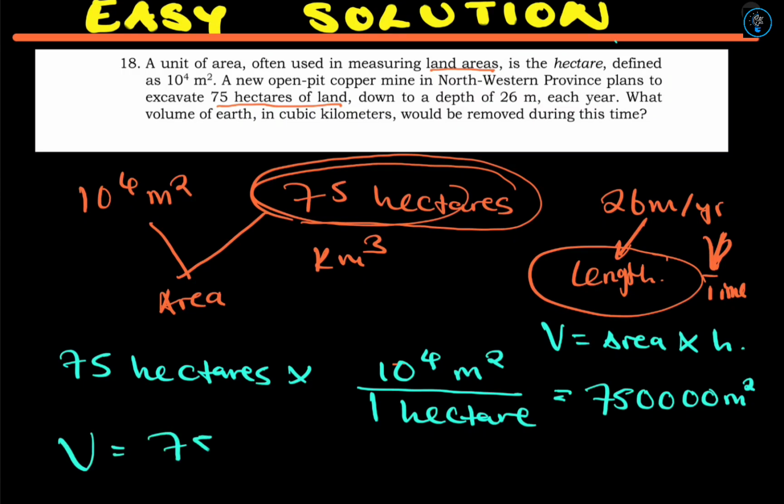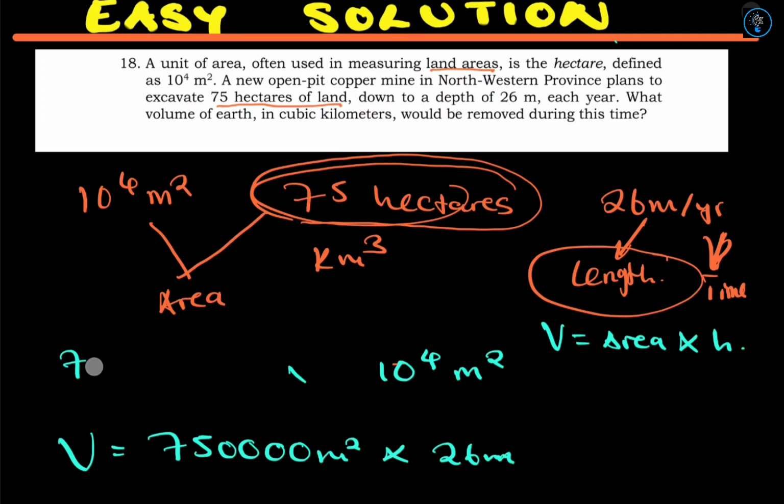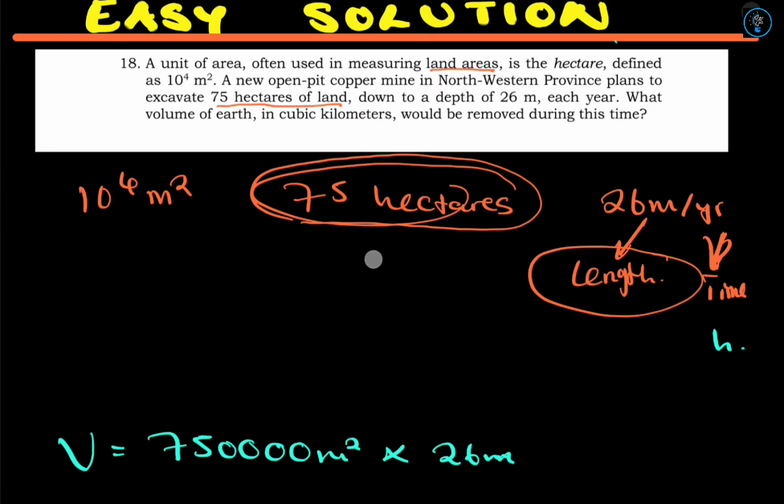So now from there we can find the volume. So we are saying volume will be equal to that particular area of land times the depth. So the depth is 26 meters. Yeah. So now let's punch that one. So when you punch this one, you're going to get the volume of earth as follows. So the volume of earth will be equal to this value, which is the area, times 26.